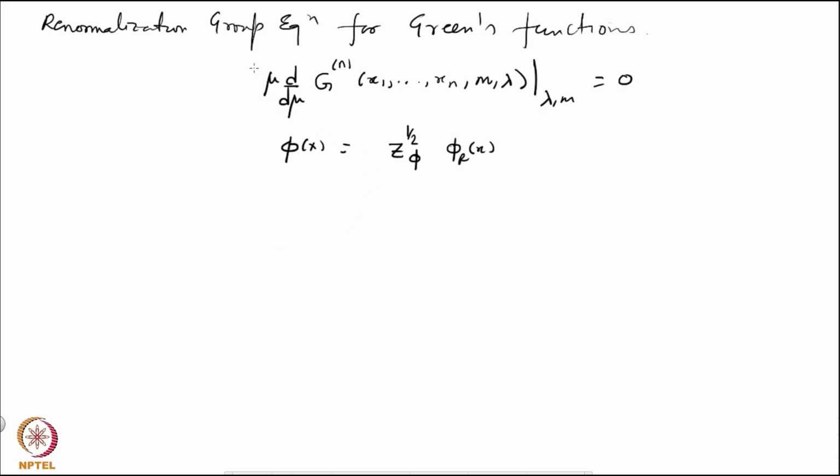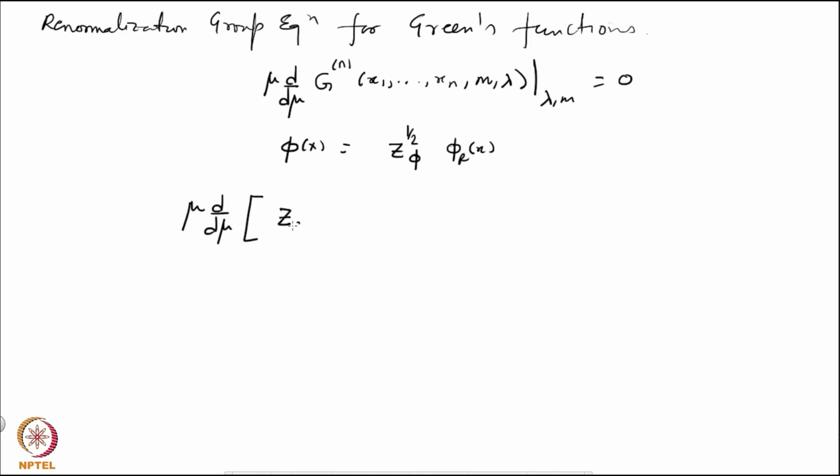So now I can take this equation, which is written in terms of the bare couplings, bare parameters and masses, and turn it into an equation involving the renormalized Green's function. This is a Green's function with n arguments, which means you are really looking at a correlator involving n fields, n phi's.